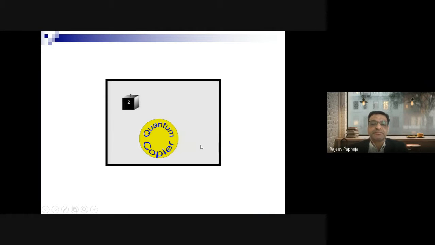Let's say I have something called a quantum copier, just like a Xerox machine. So if I have that, it would mean that if I happen to have put information in a qubit through door number 1, and I could copy the box, and then later, if I were to open that second box, whatever was there put through door number 1 or door number 2 should come out of respective doors.